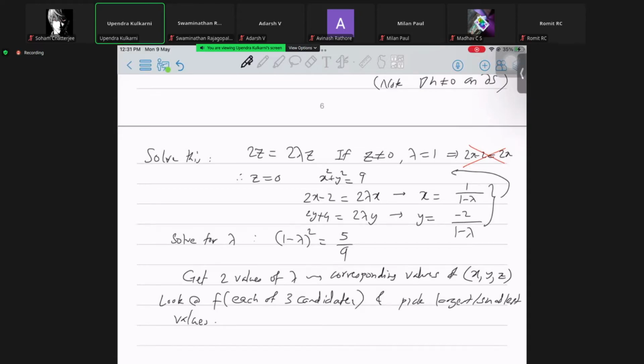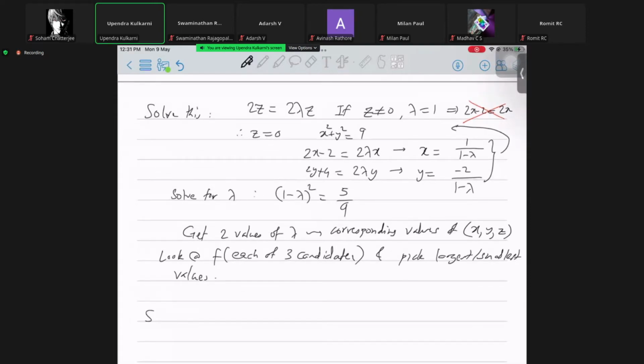Okay, so any questions so far? Okay, so let me just say solve more examples from the book that I referred to, which is really more a recipe-based book.